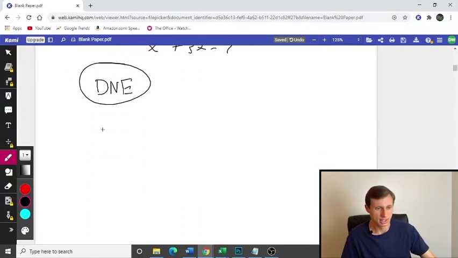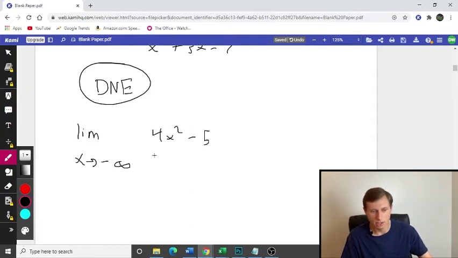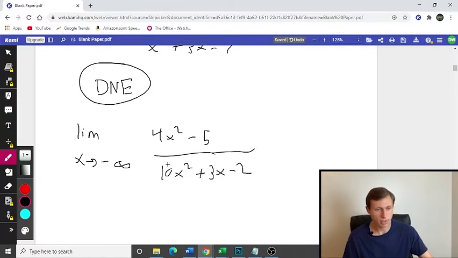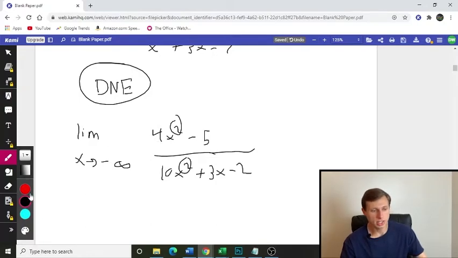Easy. Next up, limit as x approaches negative infinity of 4x squared minus 5 over 10x squared plus 3x minus 2. So again, we're looking at the degrees of the leading coefficients. They're equal to each other here, which means we just now need to look at the leading coefficients.